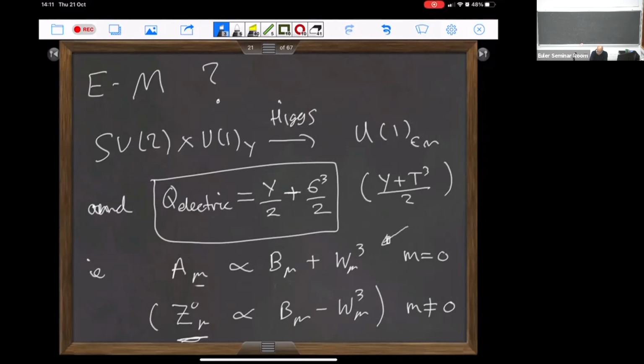These expressions here are very rough. The actual expression involves coupling constants and what's called the Weinberg angle, but we're not going to go into that level of detail. But you will when you study the standard model later on in the program.